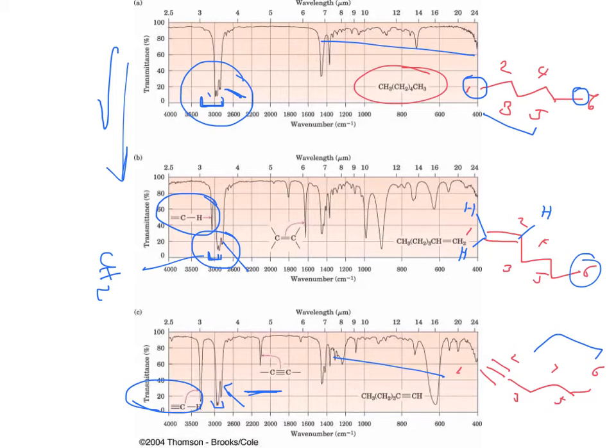Also, when you're comparing one over the other, if somebody asked you if these three spectra were given and you were told that these are the possibilities, you would be looking at the presence of the double bond, the C double bond C, and the vinylic hydrogen right over here.